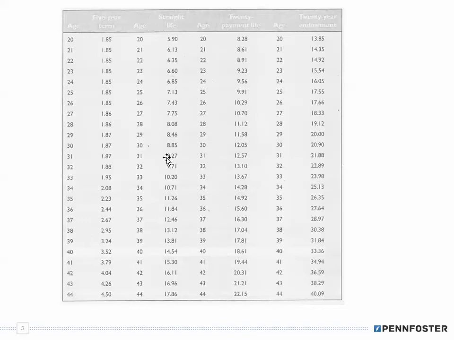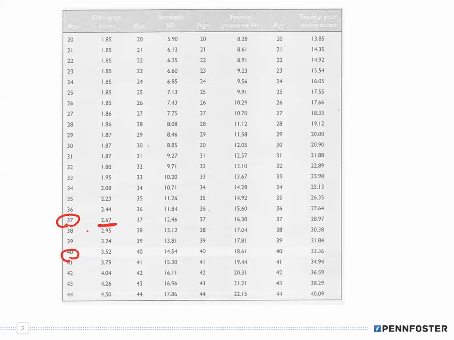And now we go down to our table, and we're going to be looking up. She's 40 years old, and since she's a female, we're going to subtract 3.